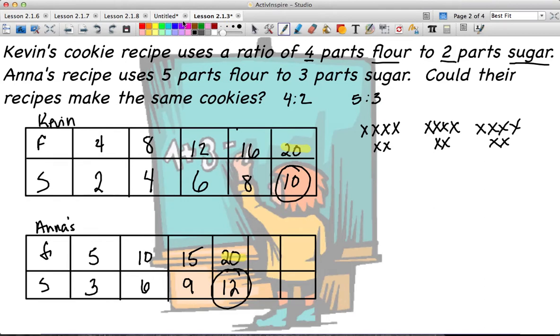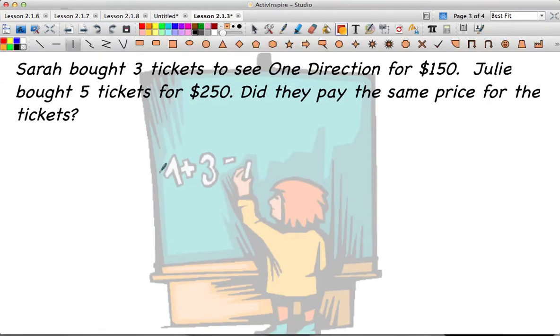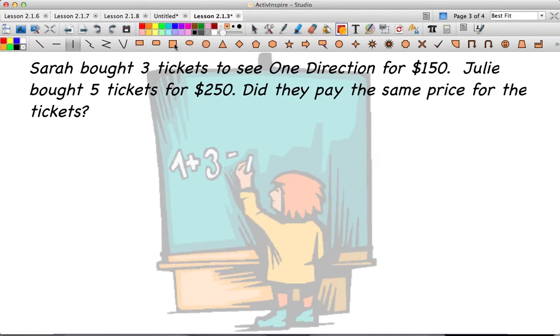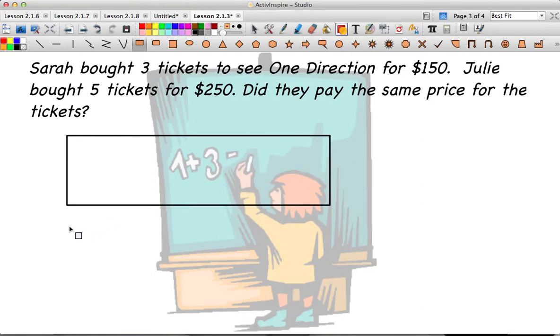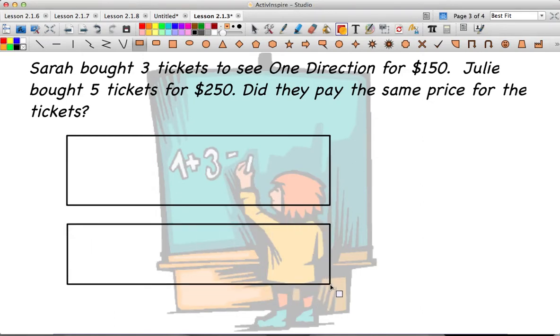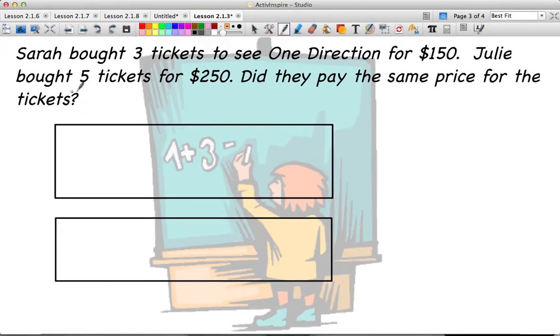All right, so once again, we're going to make a table just like we did in the first problem. Right, and then on top, we're going to do Sarah's prices or tickets. And on the bottom, we can do Julie's.